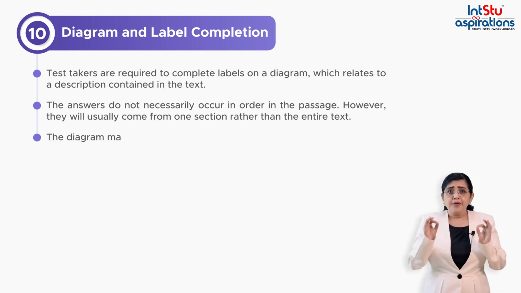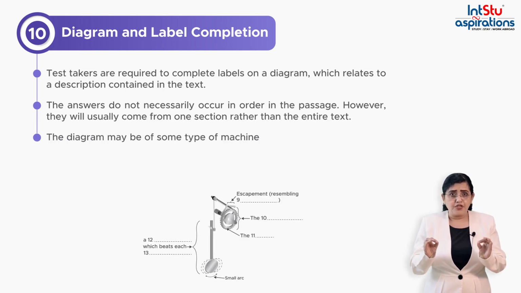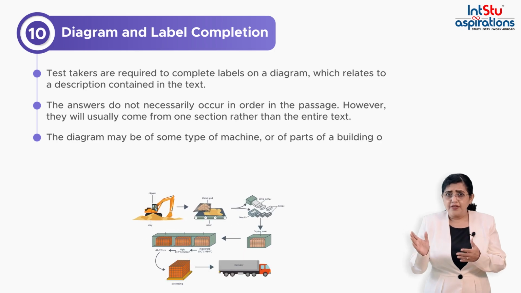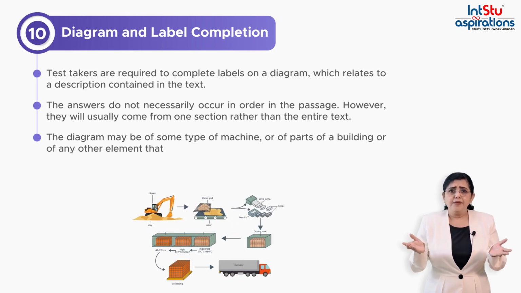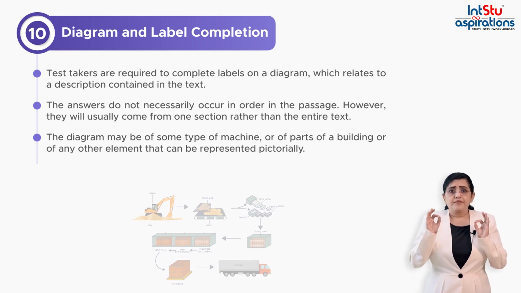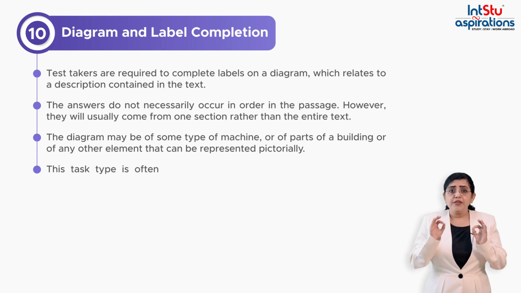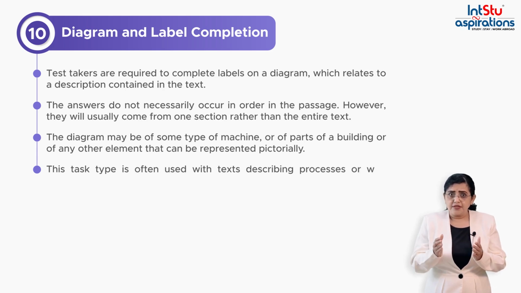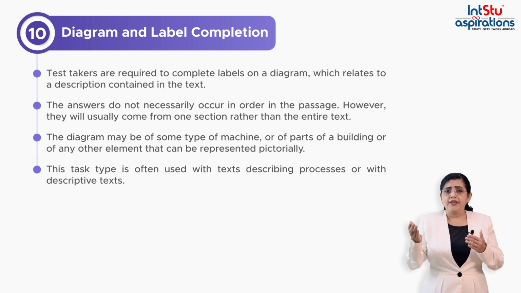The diagram may be of some type of machine or of parts of a building or any other element that can be represented pictorially. This task type is often used with texts describing a process or with descriptive texts.